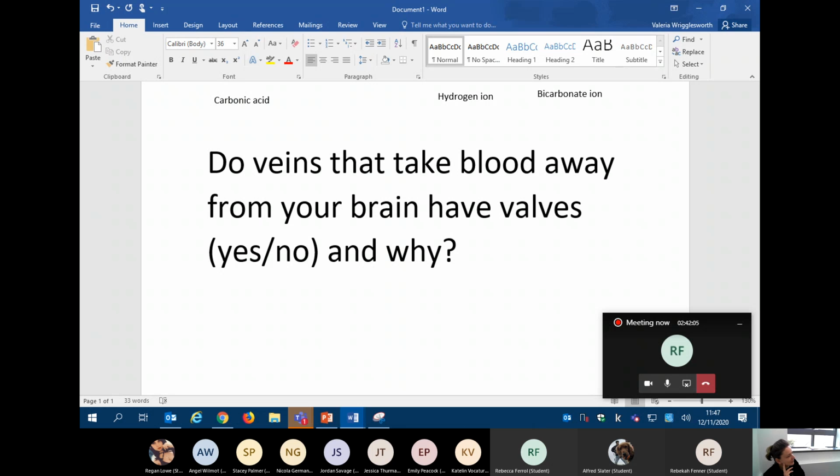Right, so I wonder if somebody can justify yes. Let me see who was voting for yes. Okay, so Emily is saying yes, valves will direct the blood from brain to the heart and prevent it filtering elsewhere. A few other people, Caitlin and Alfie, are saying yes as well.